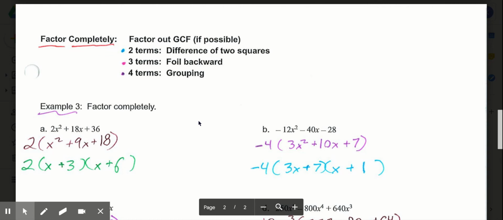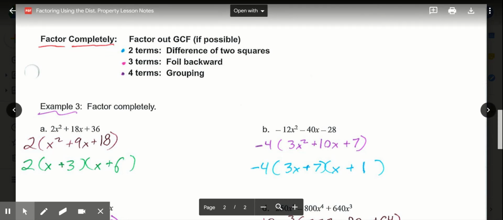So looking at A, the first thing is I know it's a trinomial, so I'm going to look, though, to factor out a GCF if possible. So if I have 2x squared plus 18x plus 36, all 3 terms can be divided by 2.